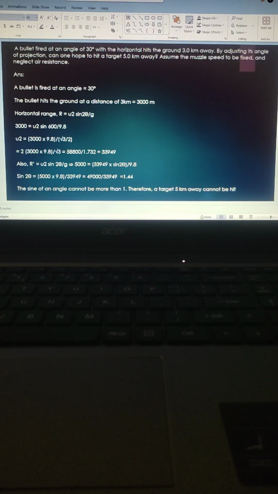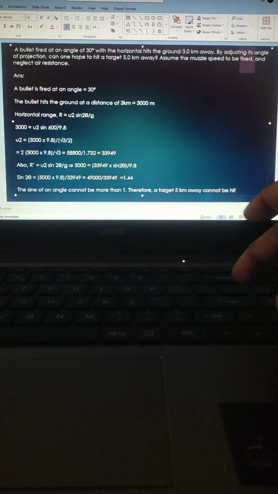So U squared is equal to 3000 into 9.8 divided by sin 60, which is root 3 by 2. So 2 into 3000 into 9.8 whole divided by root 3. That means 58,800 divided by root 3, whose value is 1.732. Dividing this gives 33,949.